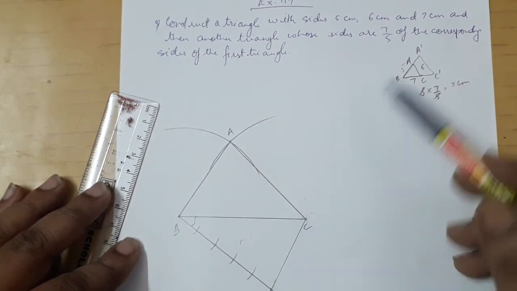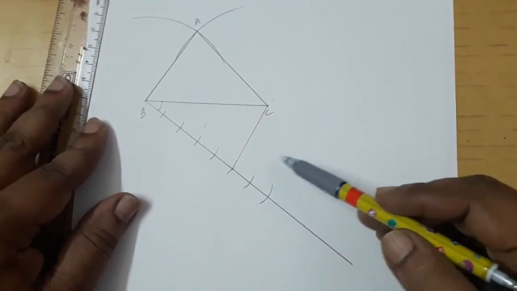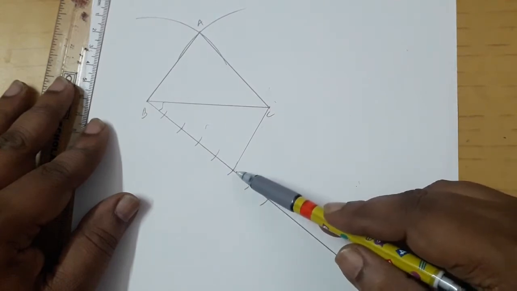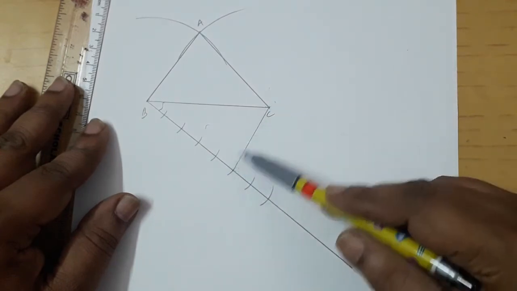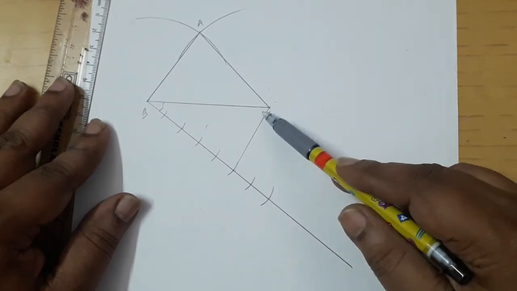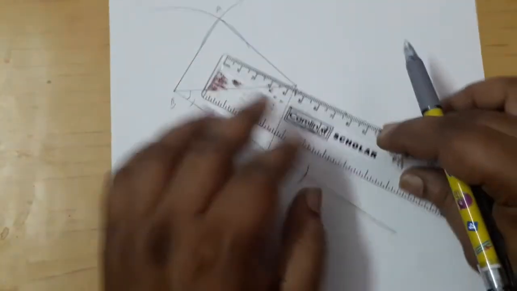So then what happens to the 7? For that we'll have to draw another line from here parallel to this line. So we'll have to extend this BC to C dash. I'll just extend it a little bit more.